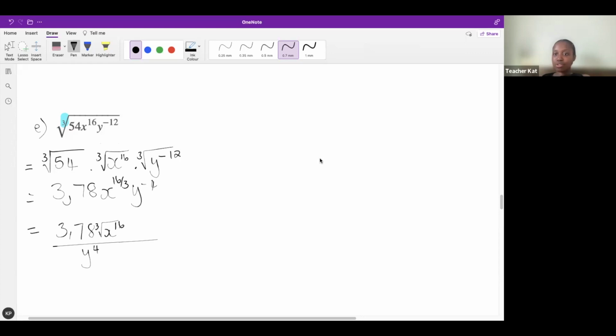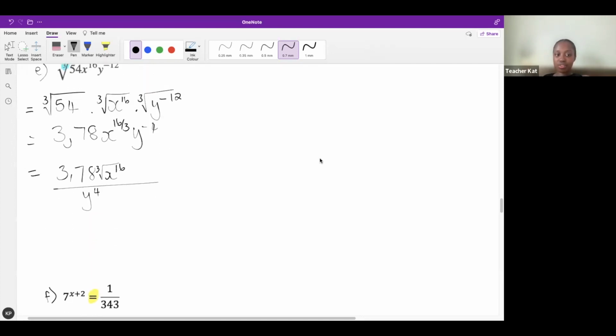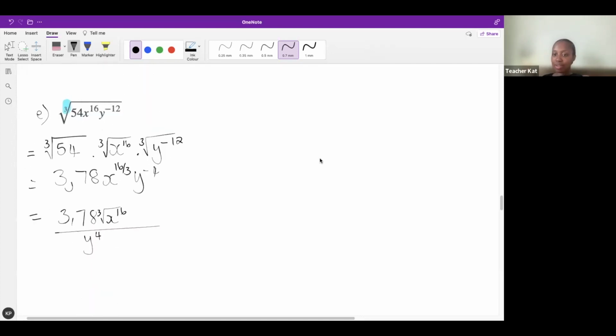Now we have learned how to find our prime factors using the calculator, didn't we? Have we learned how to find prime factors using our calculator? Yes, so let's find the prime factors of 343.